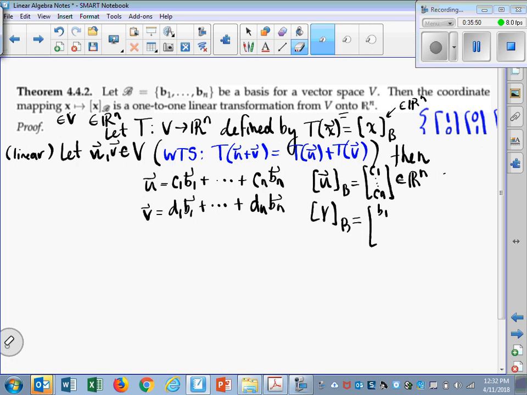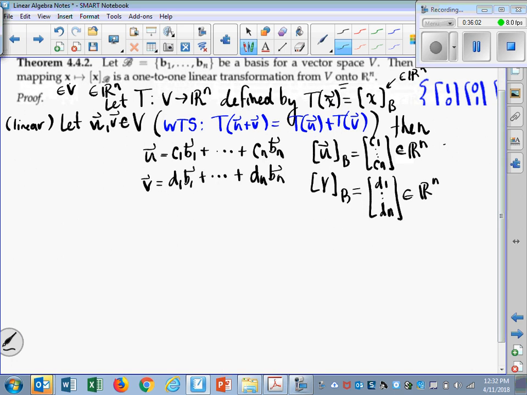Okay, so what about the sum of u and v? If I write below this u plus v, it's like adding like terms. We want to add the b1 coefficients together. So this is c1 plus d1 b1, all the way through cn plus dn bn.